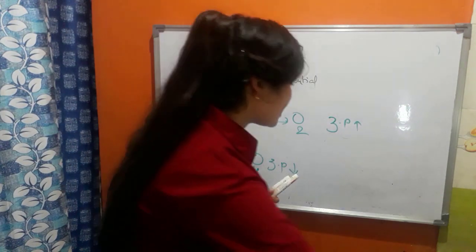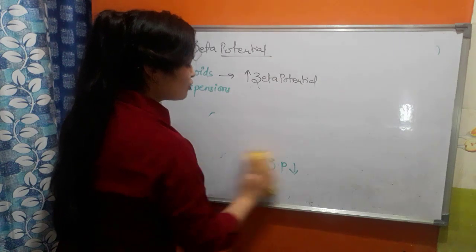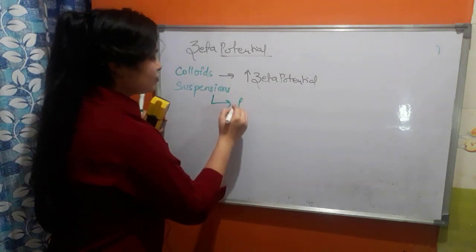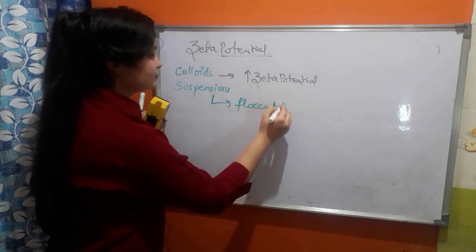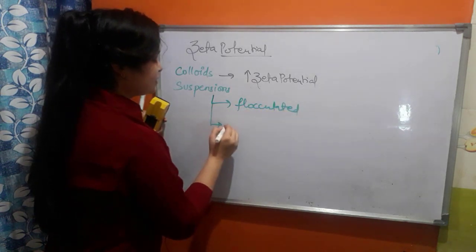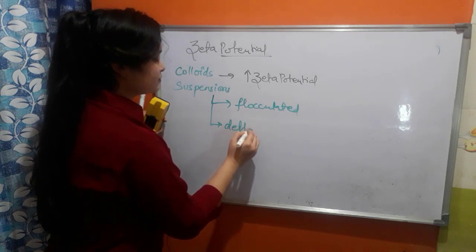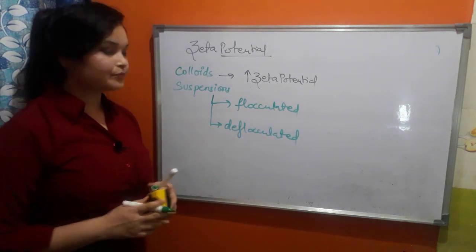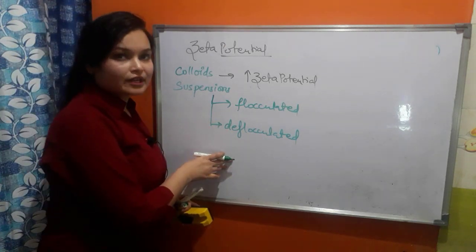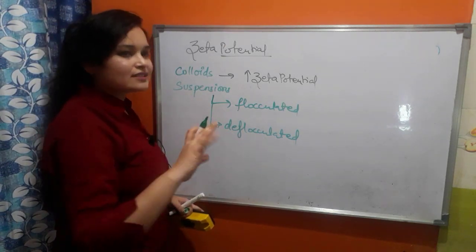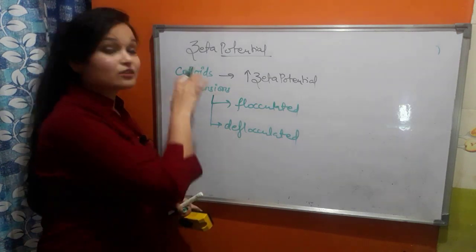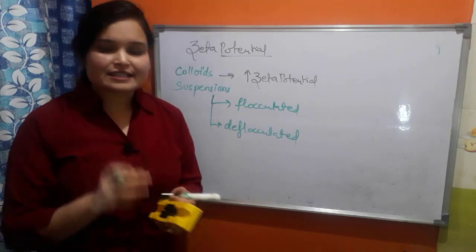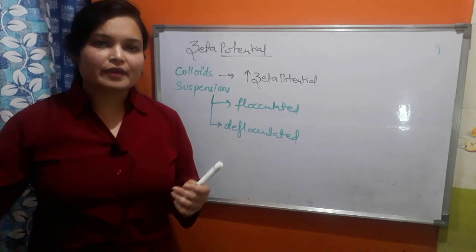Now we know that suspensions are of two types. Those two types are flocculated and deflocculated suspensions. In the case of a deflocculated suspension, you notice a similar kind of situation as in colloids, because deflocculated means the particles in this system are not coming a lot closer.